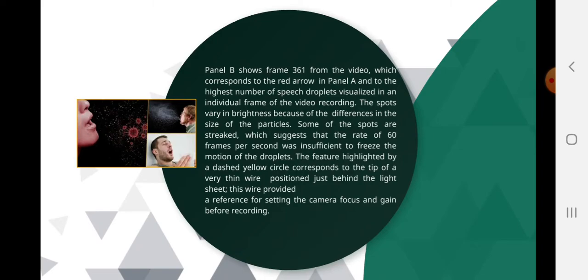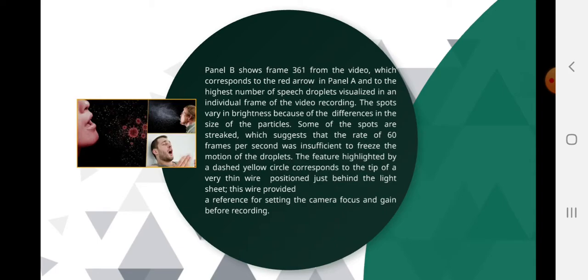Panel B shows frame 361 from the video, which corresponds to the red arrow in panel A and to the highest number of speech droplets visualized in an individual frame of the video recording. The spots vary in brightness because of the difference in the size of the particles.